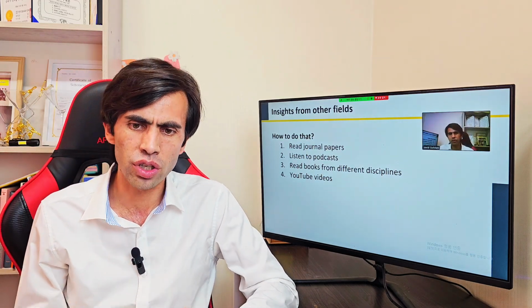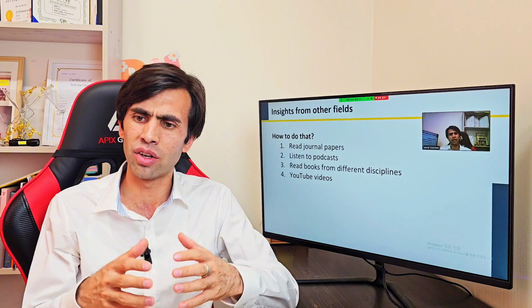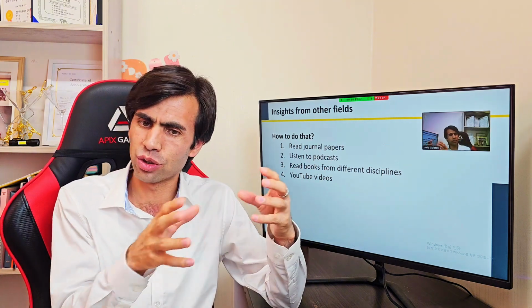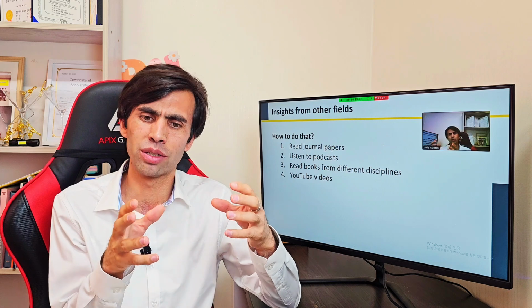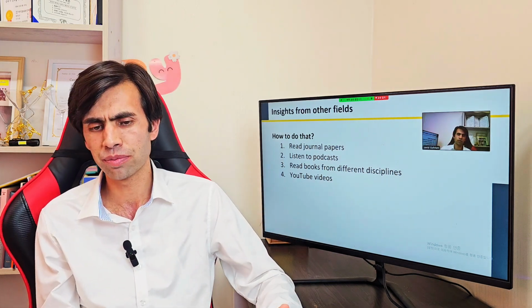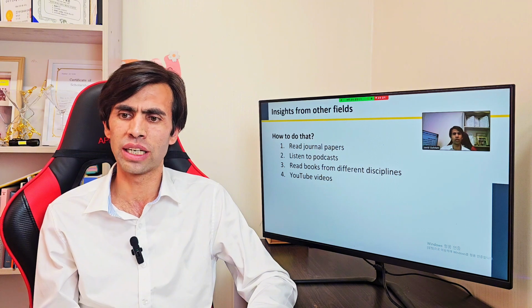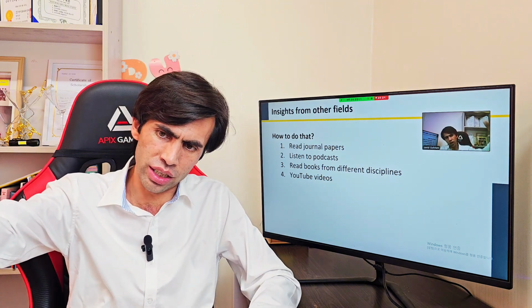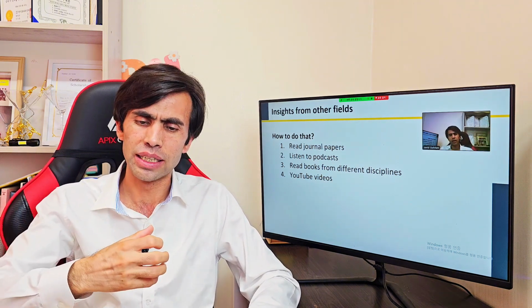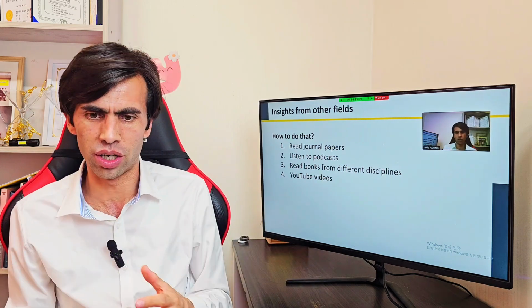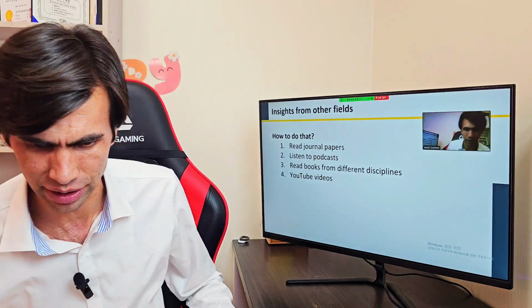If you don't have time to listen to a long podcast, read books from different disciplines, just the introduction and some very important parts. If you still don't have time, watch some short YouTube videos related to the disciplines you are interested in, bring that knowledge from those disciplines to your discipline, and do some mixed or interdisciplinary research.